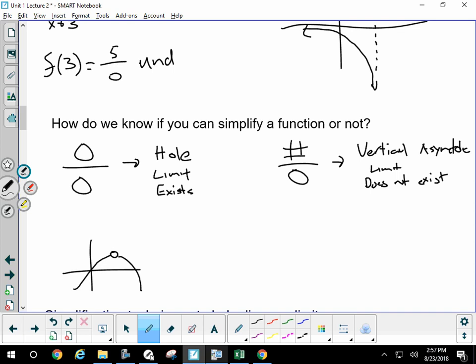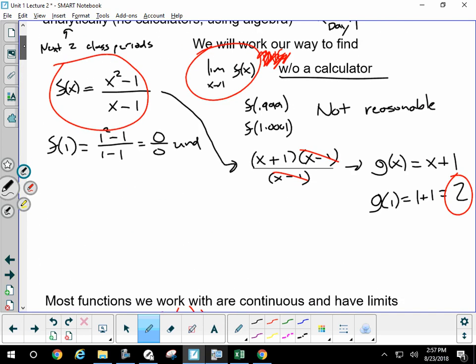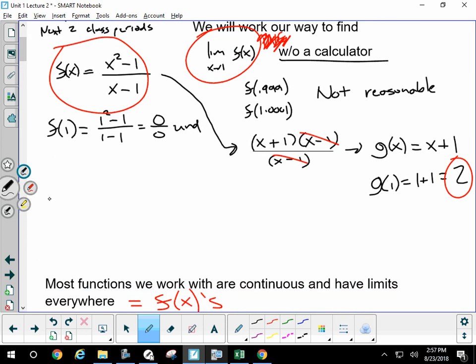All right, so to kind of flow chart things out, if you want to find a limit analytically, step 1, you should try to find the function value. If you get a number over 0, your answer does not exist.